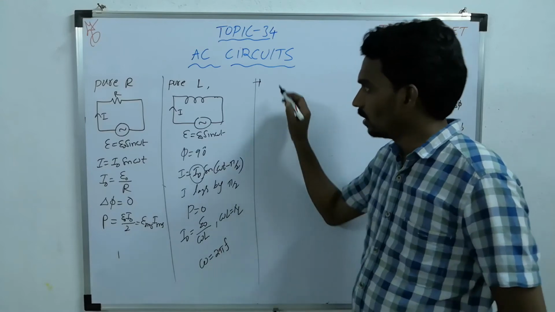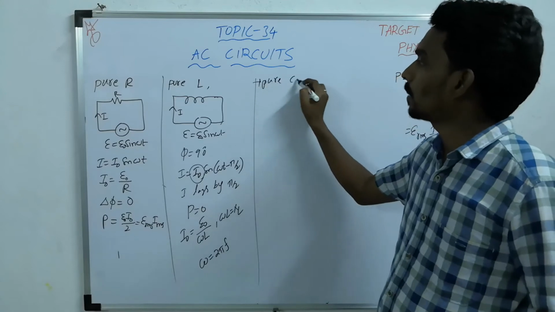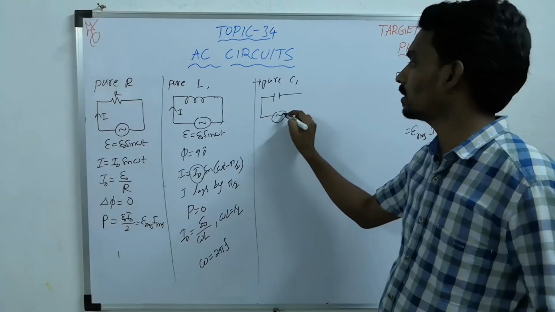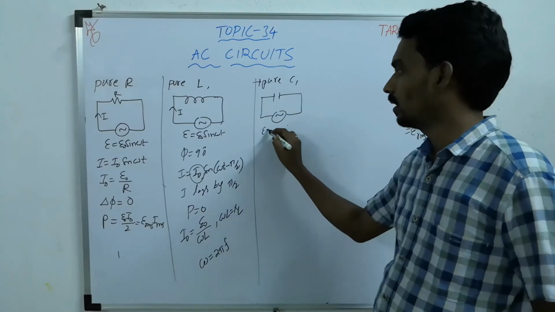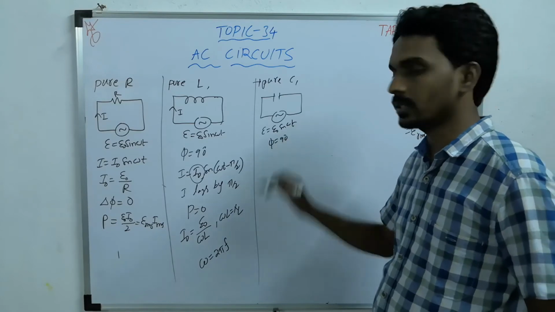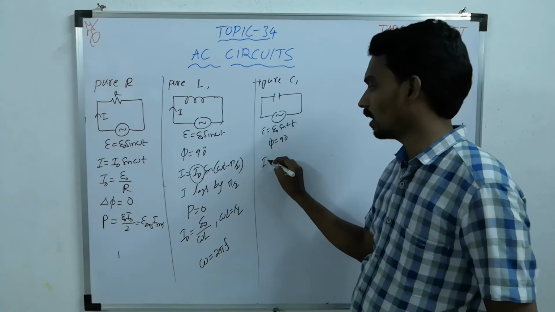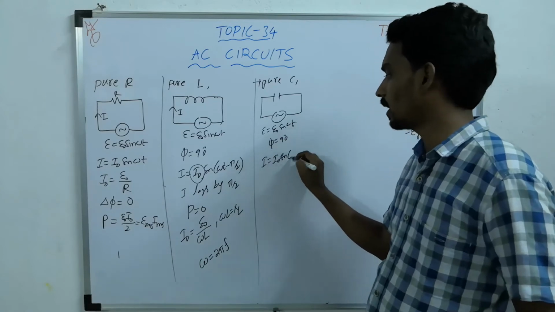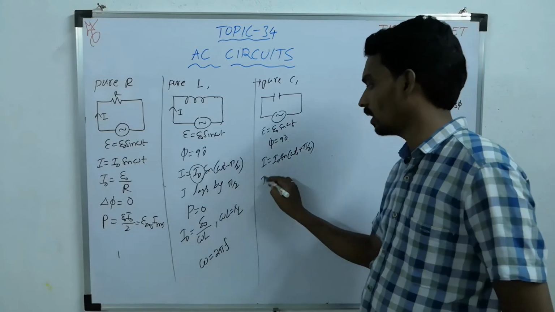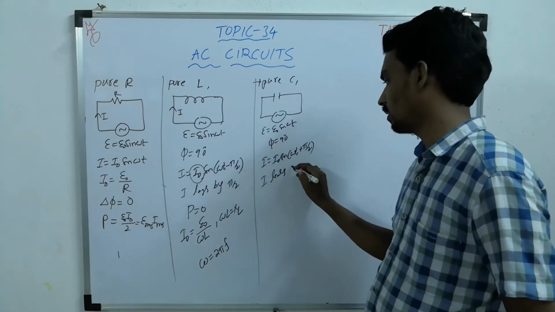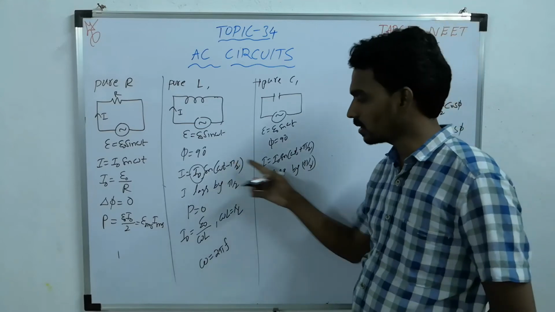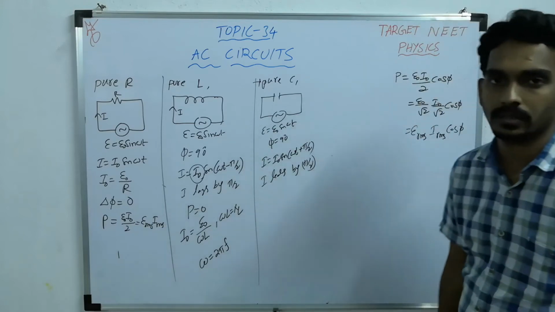Then the pure capacitor, meaning only a capacitor. If you connect it with an alternating source, again the phase difference is 90 degrees and the current becomes I naught sin omega t plus pi by 2. Now current leads voltage by 90 degrees. So here voltage dominates, there current dominates.